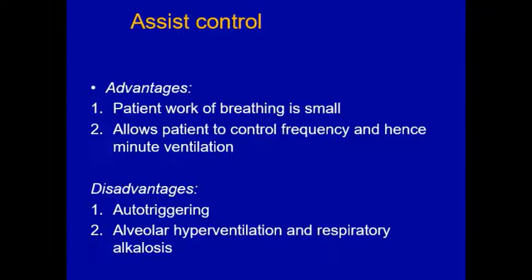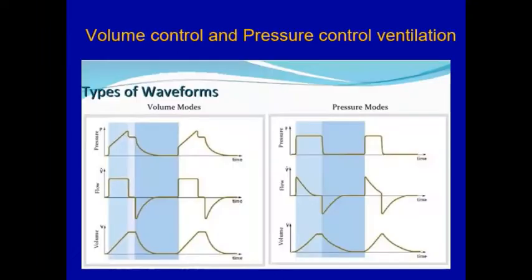So the patient will have a high respiratory rate, 30, 35, 40. When we keep this assist control mode, the patient will have almost 40 patient triggered mandatory breaths. So this alveolar hyperventilation and respiratory alkalosis occurs.